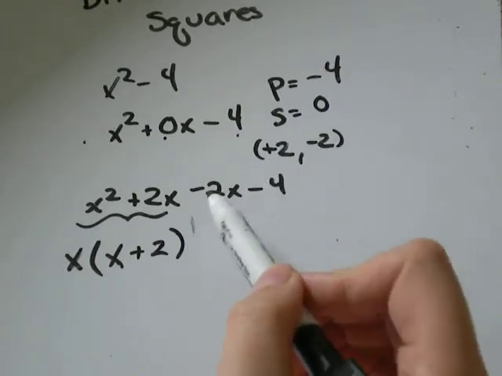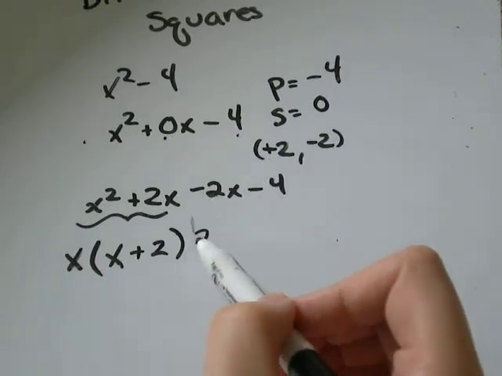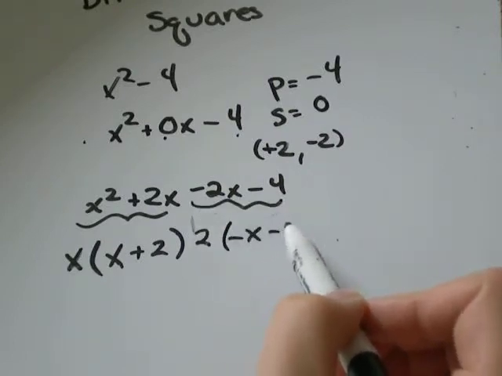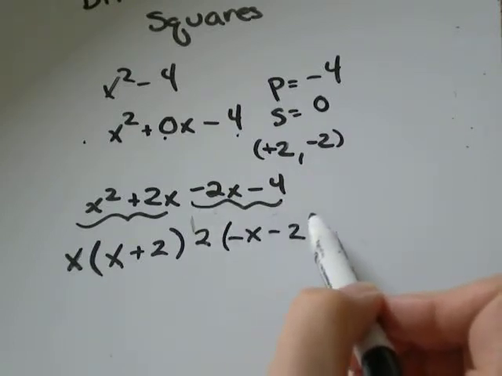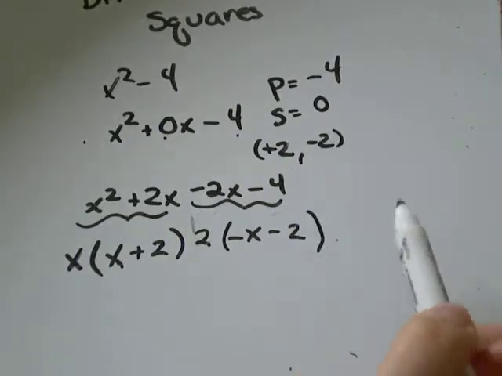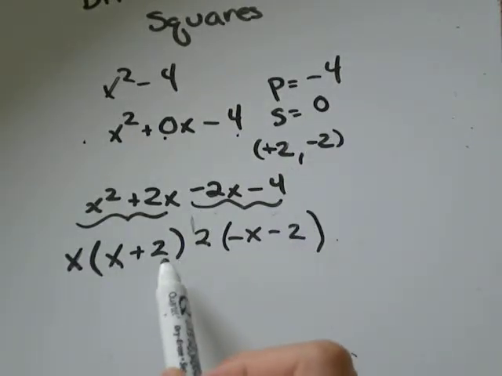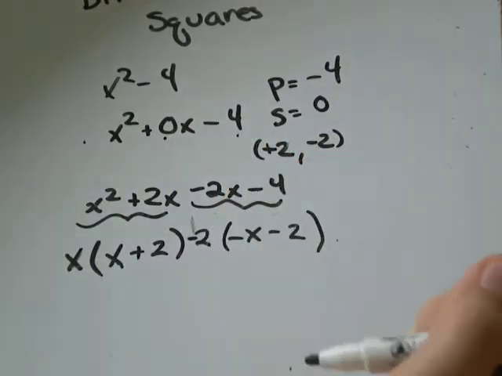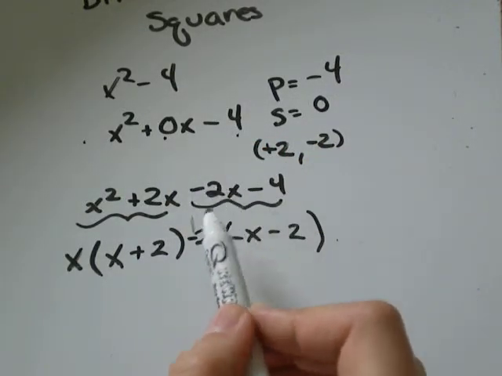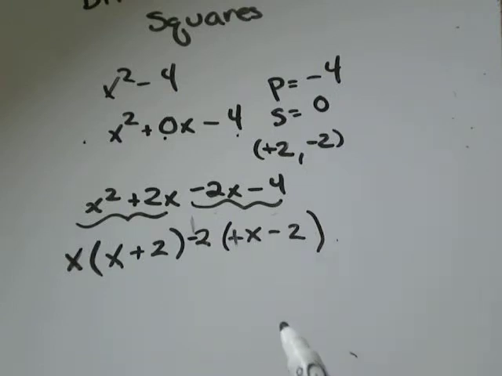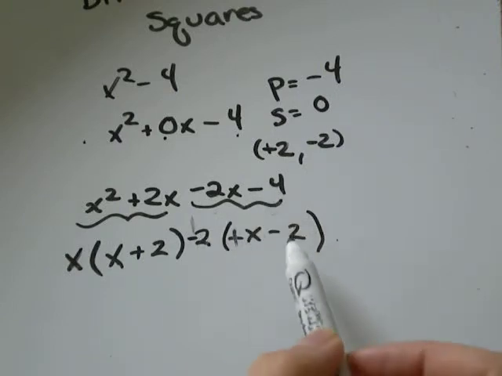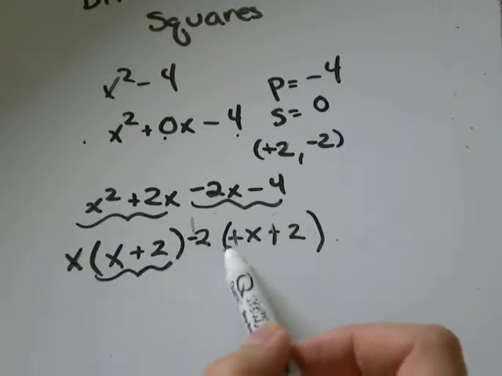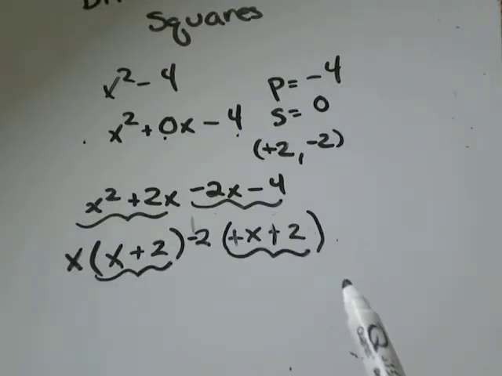Now, if I factor out a 2 from the other terms, I'll be left with negative x minus 2. Not good, because that doesn't match what's in here. But what if I factored out negative 2 instead? Negative 2x divided by negative 2 would be positive x. Negative 4 divided by negative 2 would be positive 2. And then this set of brackets is the same as what's in that set of brackets.